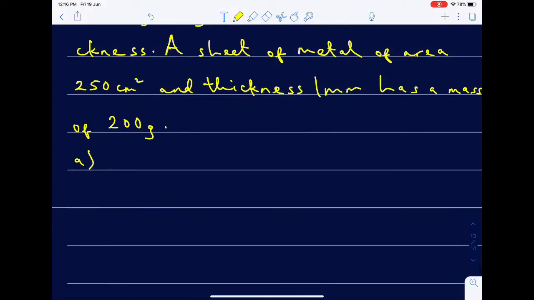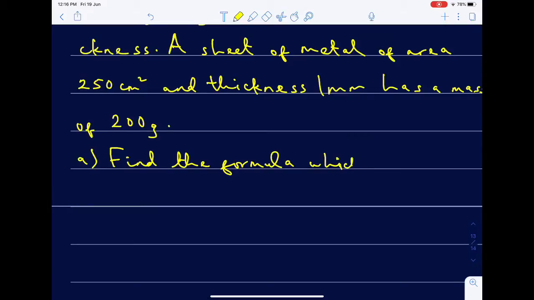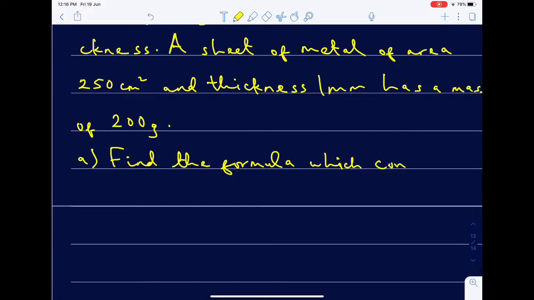Question A. Find the formula which connects the mass m in grams.